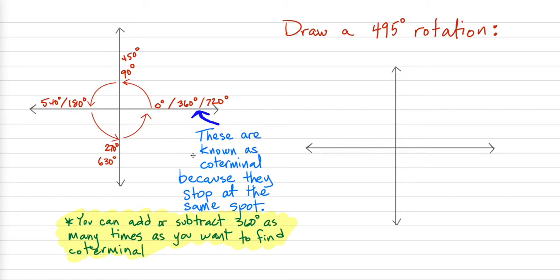Like 0 degrees and 360 degrees both mean to the right. Same with 720. If you're asked to find a coterminal angle, you can add or subtract 360 as much as you want. And that's just how you find a coterminal angle.